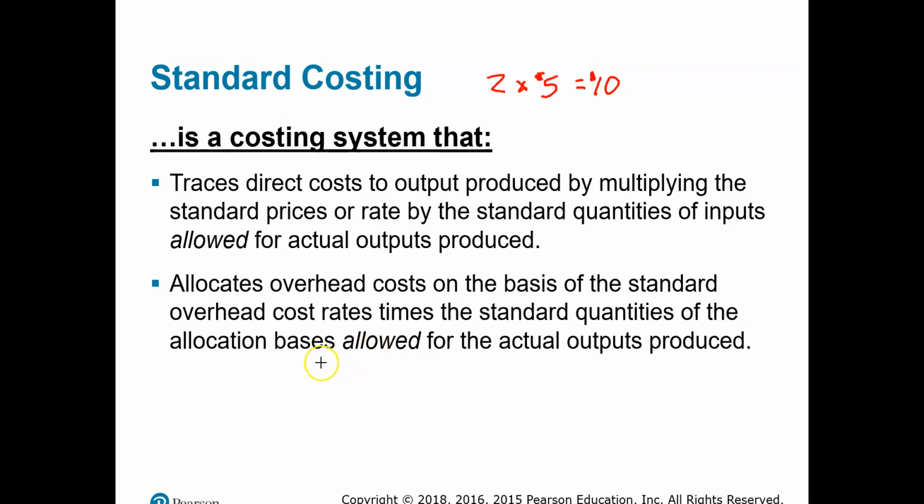For example, if we have $10,000 in overhead costs and our allocation base is $100,000 of direct labor costs that are budgeted, what is our overhead being allocated at? Well, for every direct labor cost dollar, we're going to allocate 10 cents of variable overhead.